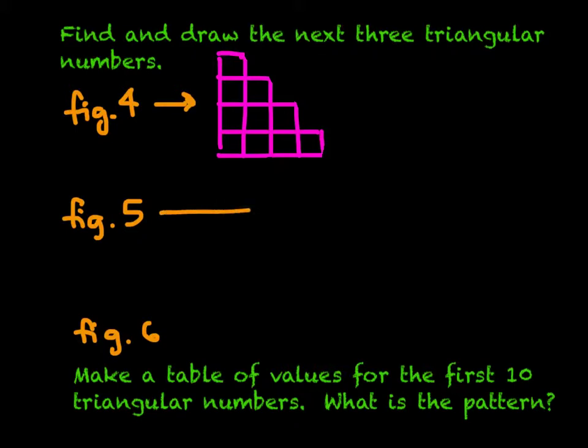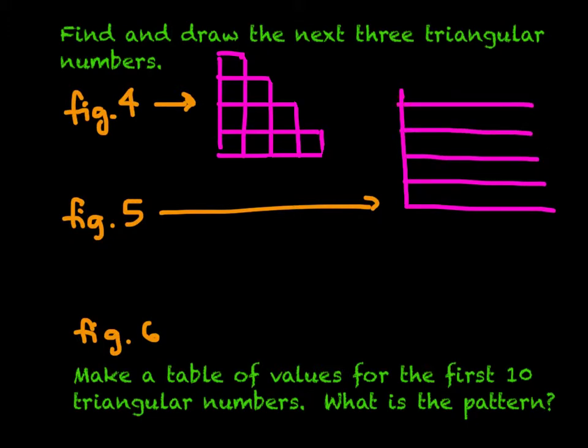My figure number 5, I'm going to draw way over here so I have a little bit of room for my figure number 6 below. It's going to be 1, 2, 3, 4, 5 steps up and 1, 2, 3, 4, 5 steps across, and now I'm going to erase the extra. As I think about this, I'm making an isosceles triangle, because I have the same number along the base as I do along my height.